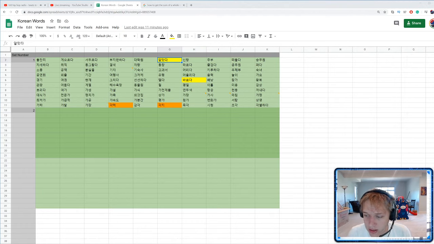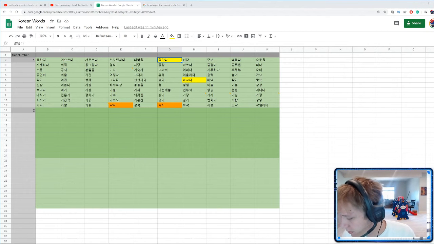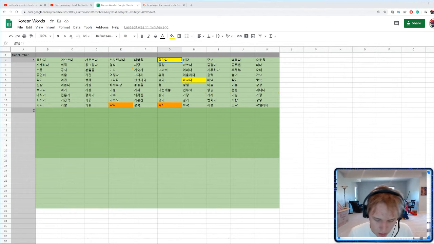해수욕장. A beach public swim area. 외갓집. Mother-in-law's house. Mother's family's house.